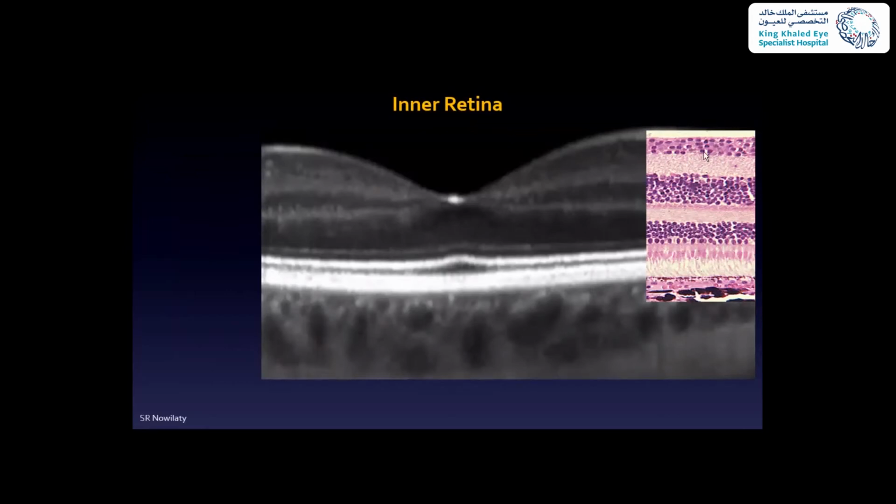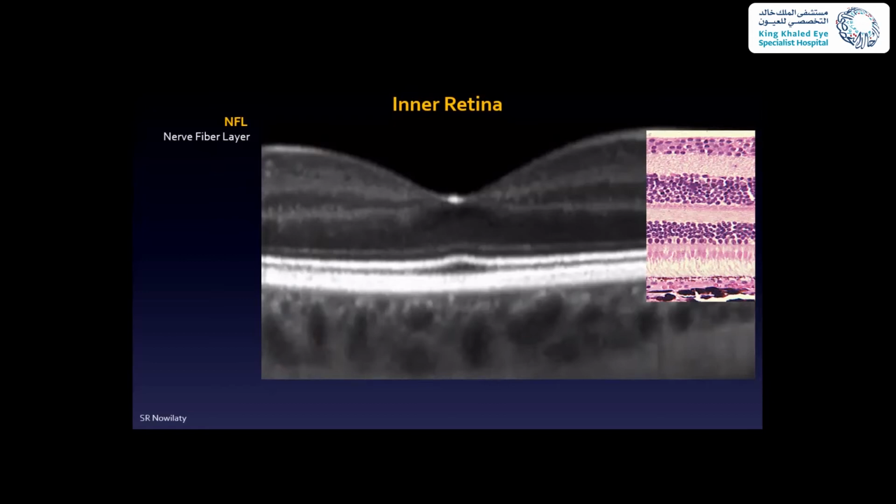If you have more than one layer of ganglion cells, you know that you are in the macula. So I know just by looking at this that I'm in the macular region. Now, the inner retina, how does it look on an OCT? The nerve fiber layer is hyper-reflective.